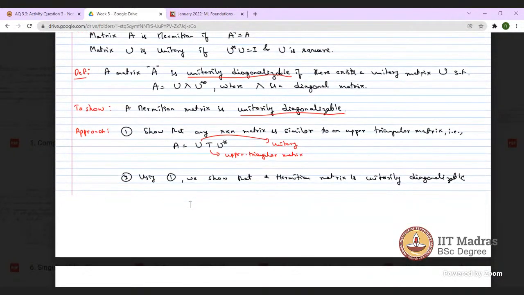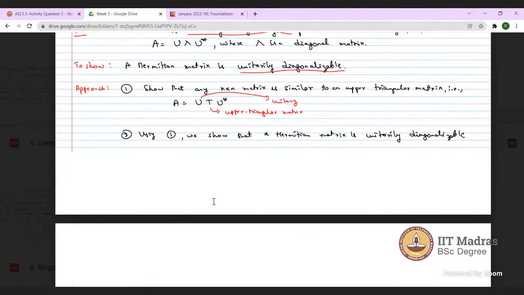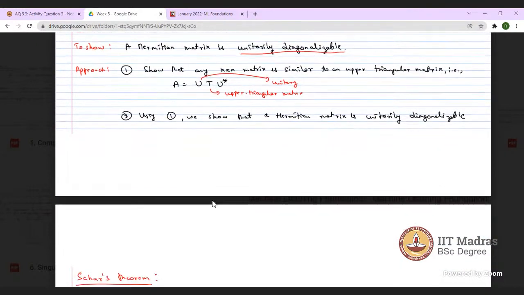Since a Hermitian matrix is equal to its conjugate transpose, this T will not only be upper triangular, it will also be lower triangular, which means that in total it is a diagonal matrix. The proof for that is shown here.